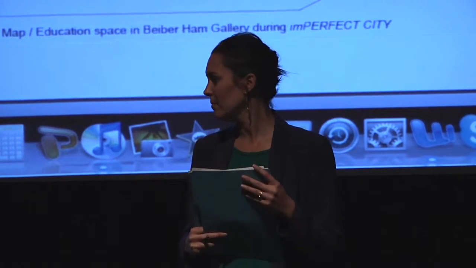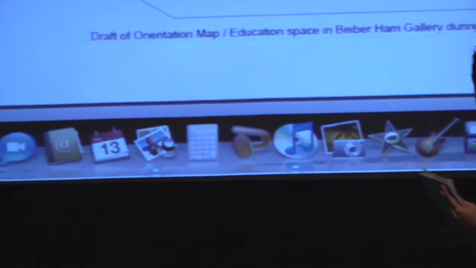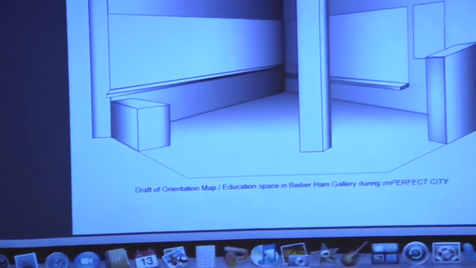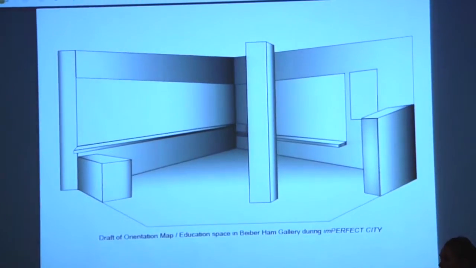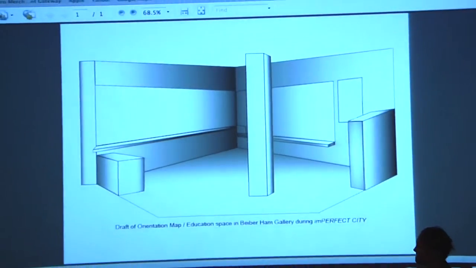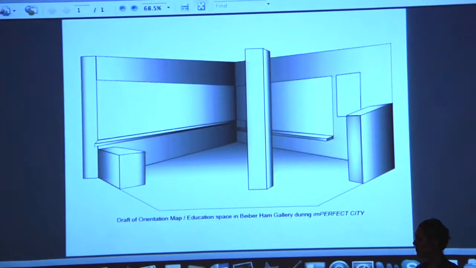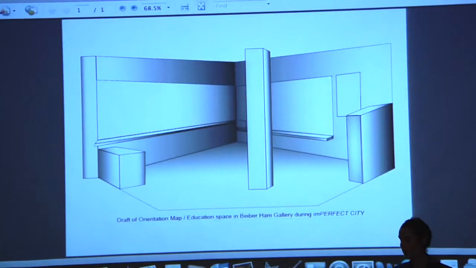Yeah, so as you can see, we have this general mock-up of what we envision the space to look like. Using one of the corners of the walls, we would have a large map physically on the wall, still thinking about what material to use for it. The long side would be a blueprint of Beaverham Gallery, and the corner would serve as a connecting point to the DuPont 2 gallery behind it, with the blueprint on that as well.